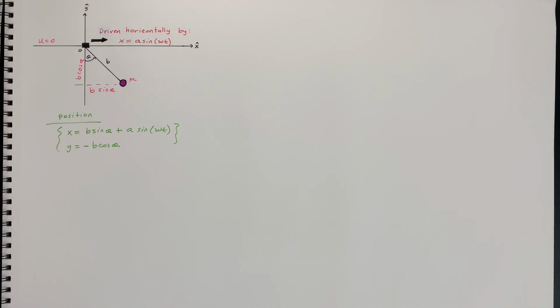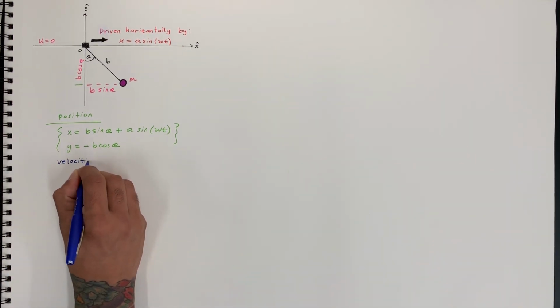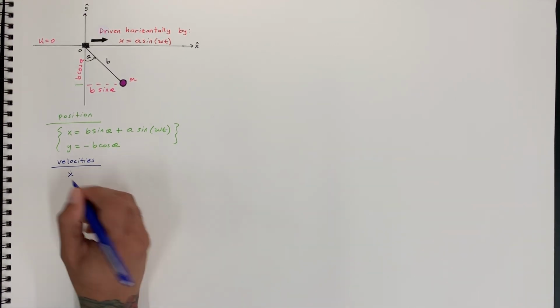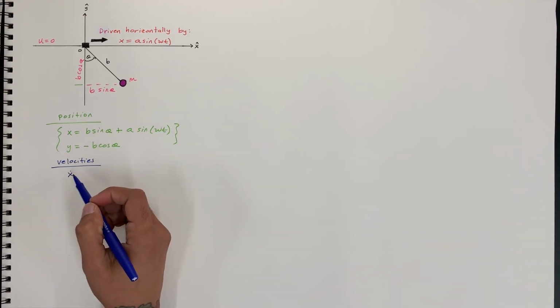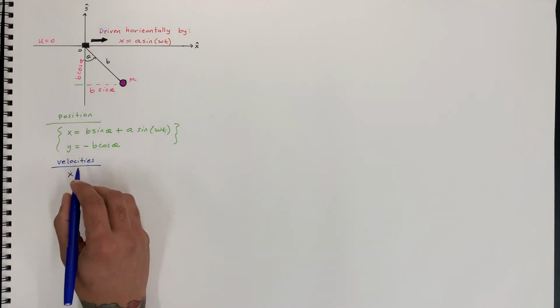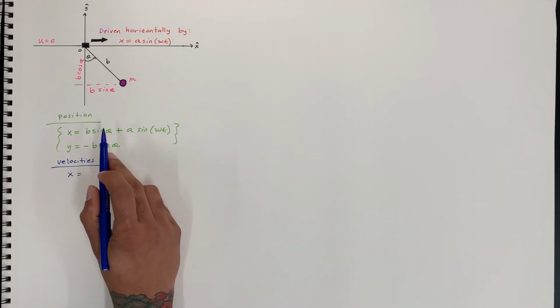All right, now let's identify the velocities. We're going to be using the dot notation, so x dot just means the derivative of x with respect to time. So everything here is a time derivative. The only thing that has time in it is going to be our theta.